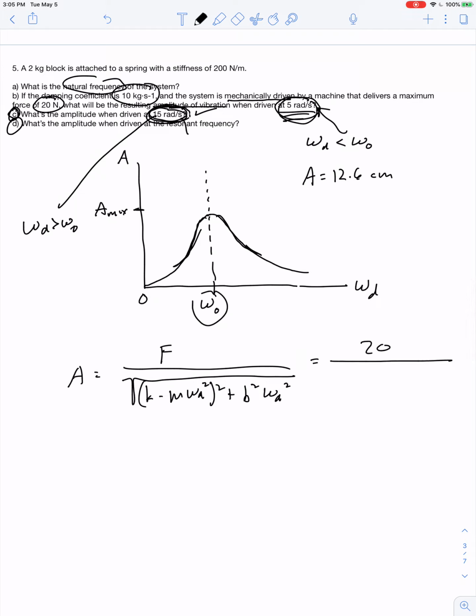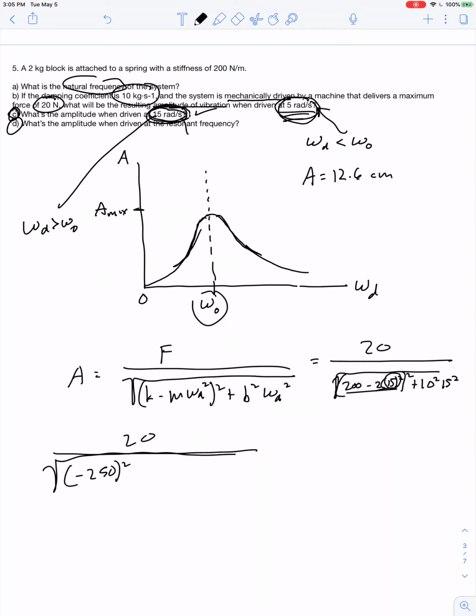So we have 20 divided by the square root of (200 minus 2 times 15 squared), all of that quantity squared, plus 10 squared times 15 squared. Take this bit by bit. 15 squared is 225. 2 times 225 would be 450, and 200 minus 450 is negative 250.